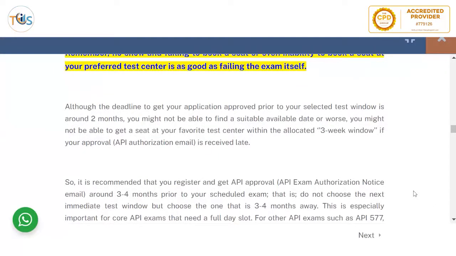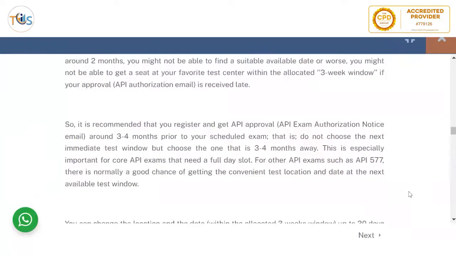Although the deadline to get your application approved for your selected test window is around 2 months, you might not be able to find a suitable available date, or worse, you might not be able to get a seat at your favorite test center within the allocated 3-week window if your authorization email is received late. So it is recommended that you register with API and get the authorization email around 3 to 4 months before your exam.